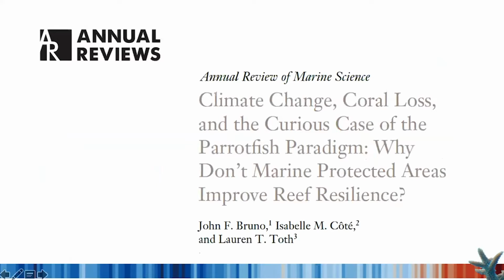This is an interesting review that was recently published. I think it was 2019. And Bruno and colleagues did a meta-analysis where they looked at, I think it was 18 different research studies that looked at 66 marine protected areas, and then they compared them to about 80 non-marine protected areas.